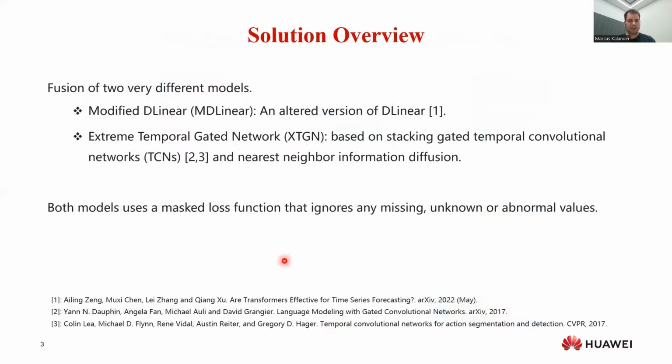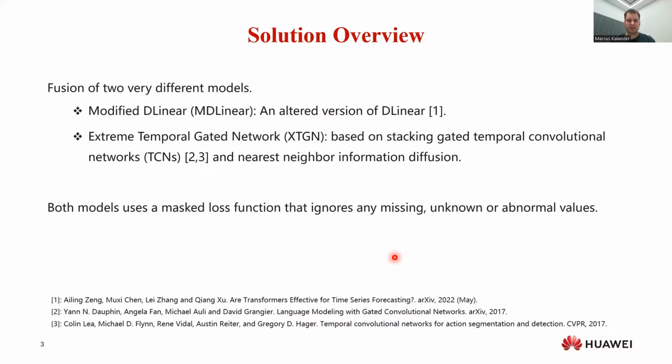So this is a high-level overview of our solution. It's based on the fusion of 2 very different models. The first one is a modified version of D-linear, which we denote as MD-linear. And D-linear was proposed in a recent paper, Are Transformers Effective for Time Series Forecasting, in May this year.